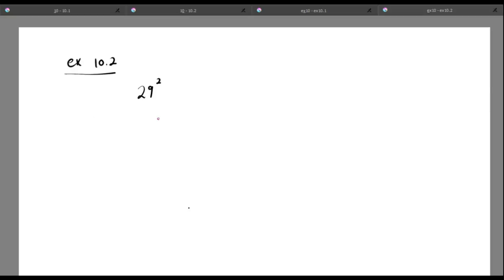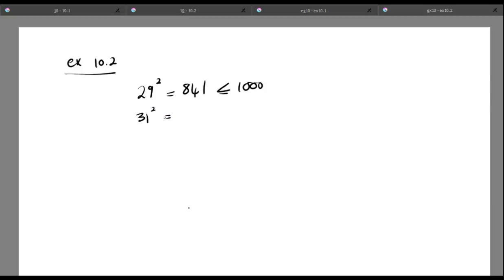I'll grab mine because I'm not expecting you to know these larger ones by heart. 29 squared is 841. And yes, that is less than 1,000. But is it the largest prime number? Well, what's the prime number after 29? It's 31.